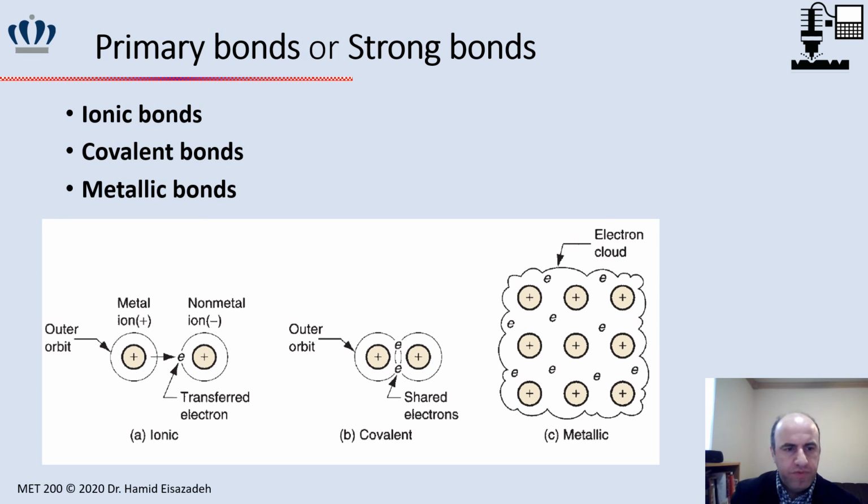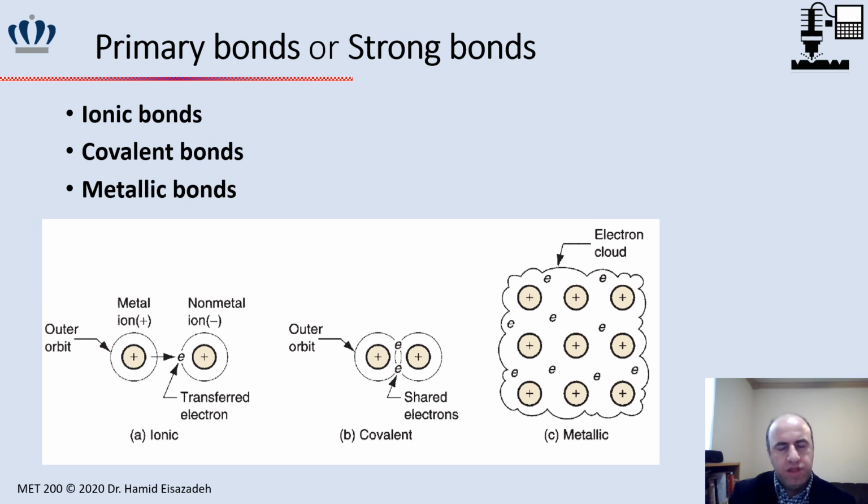As I mentioned before, we have the primary bond, which is stronger than the secondary bond, and the primary bond, which is characterized by atom-to-atom attraction, involves exchange of valence electrons.